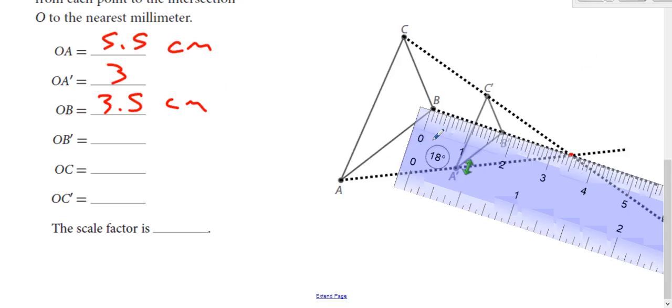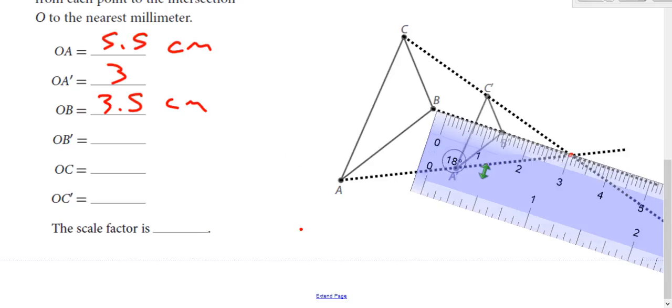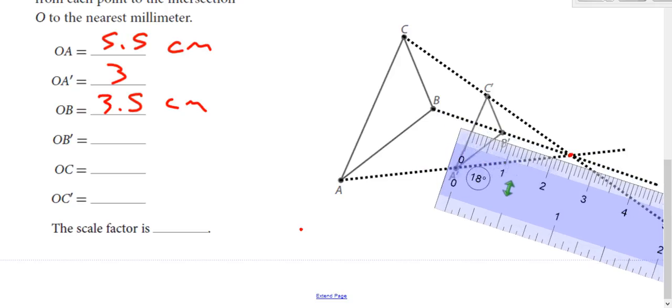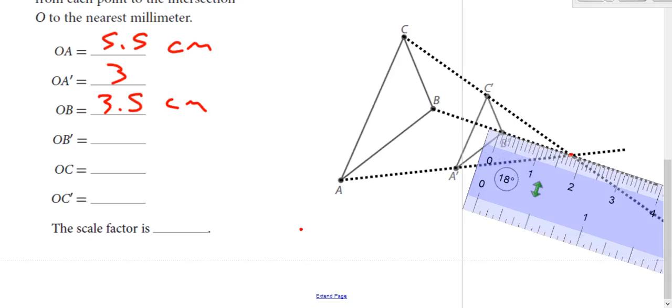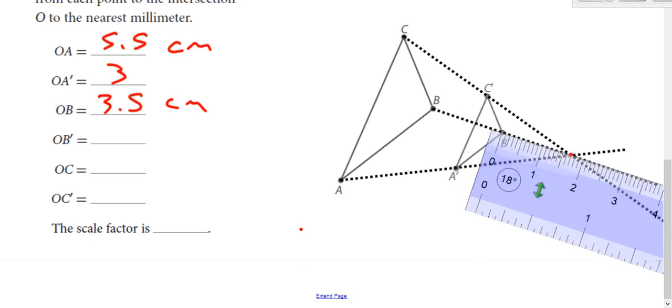Maybe a little bit off. And then from O to B prime, 1 to 1.75 maybe, not quite.